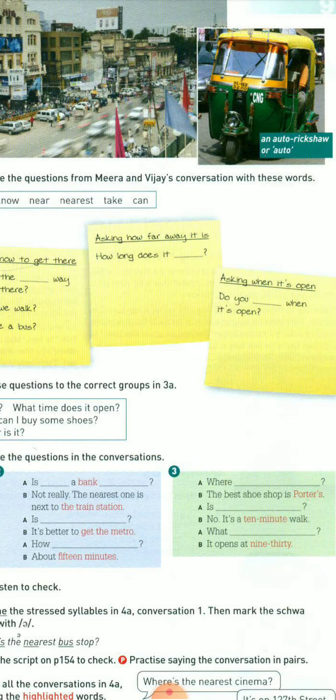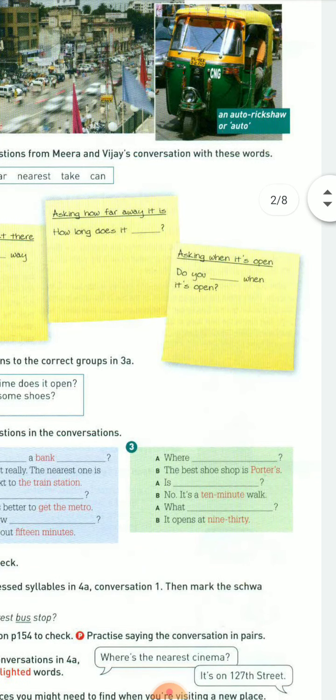When you ask how far something is, you say, how long does it take? Or you say, is it far? How far is it? Asking when it's open. You say, do you know when it's open? Or you can also say, what time does it open?